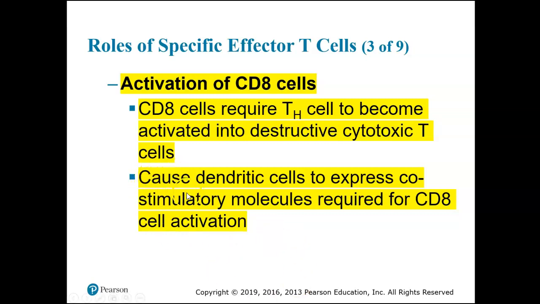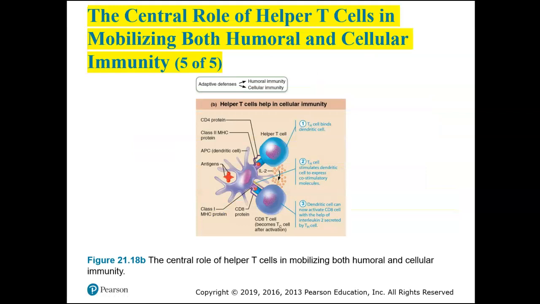The activation of CD8 cells causes dendritic cells to express co-stimulatory molecules required for CD8 cell activation. So CD8 cells require helper T cells, and they require co-stimulatory molecules, basically.